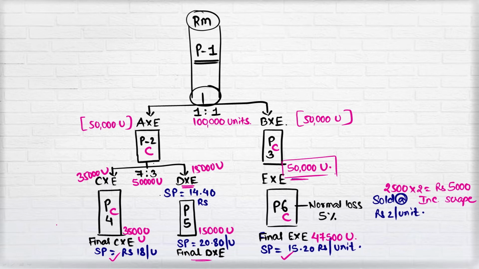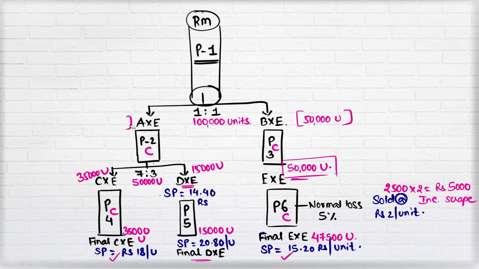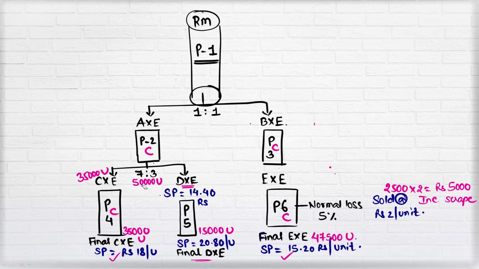I'm not interested in those figures. These units are not important for me. If you do not rub it, you will not get additional space. So DXE is important. DXE is 15,000 units. Otherwise, only this is important and this is important, those are units and which is scrapped.